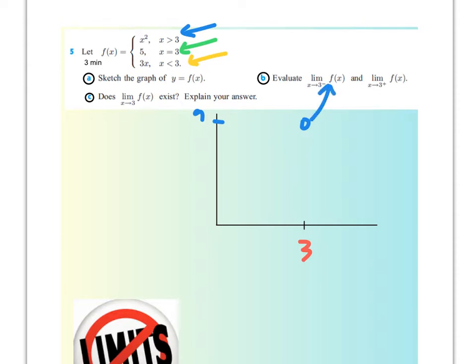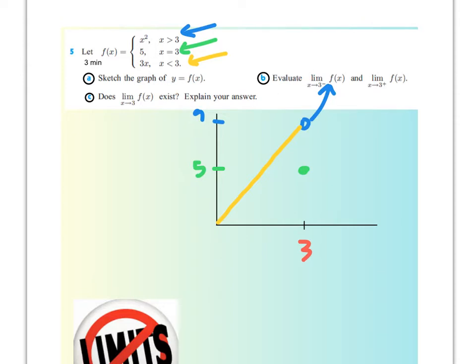Okay, y equals 5 when x equals 3. So here's 5 when x equals 3. All right, and 3x if x is less than 3. Well, I would have a situation like that.